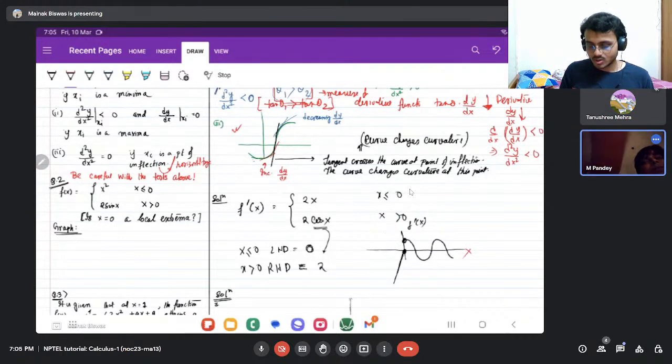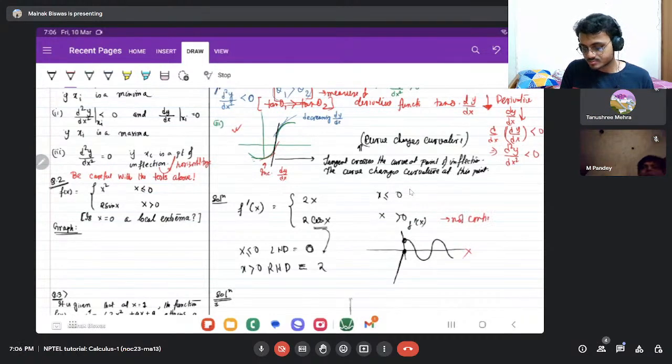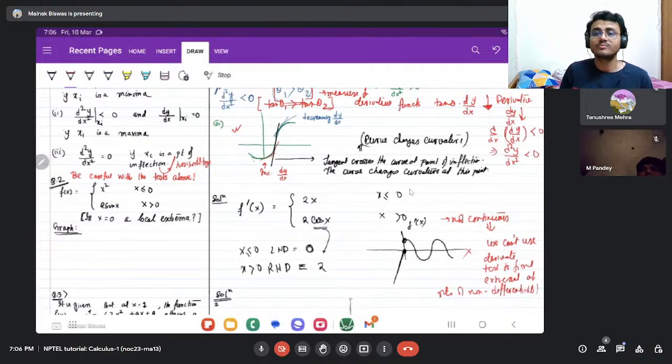No, sir. So if the derivative is not continuous, which means we can't use the derivative test to find extrema at points of non-differentiability, right? Only at points where it is differentiable can you use the derivative test to see if it is an extrema.